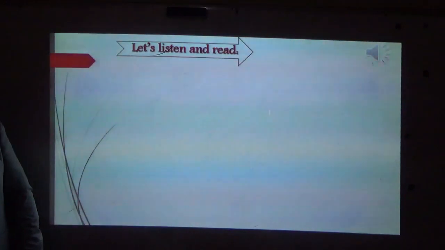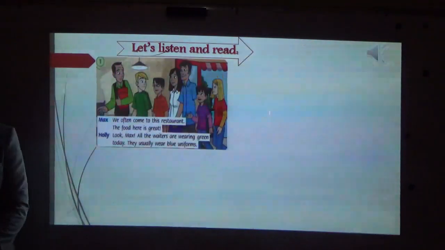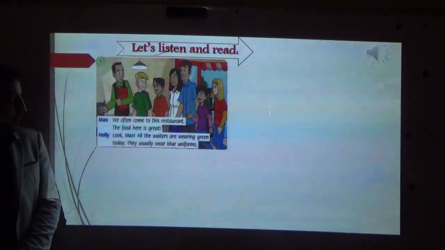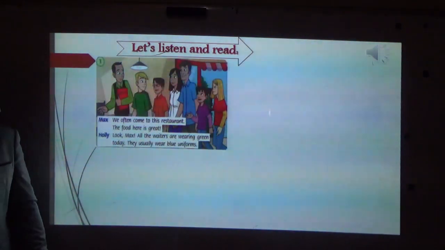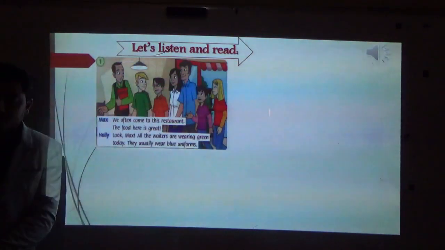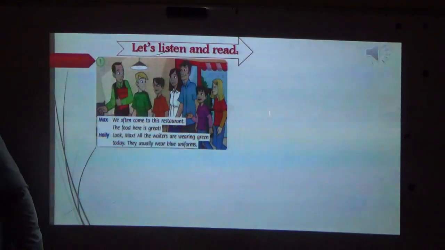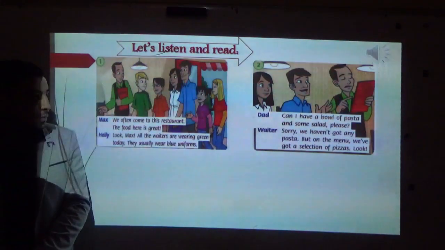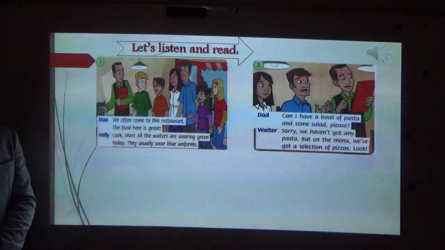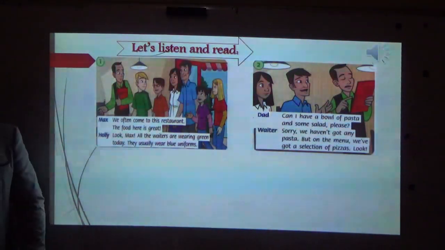Listening 5. Listen and read. We often come to this restaurant. The food here is great. Look, Max. All the waiters are wearing green today. They usually wear blue uniforms. So next, number 2. Put your finger. Can I have a bowl of pasta and some salad, please? Sorry, we haven't got any pasta. But on the menu we've got a selection of pizzas. Look.